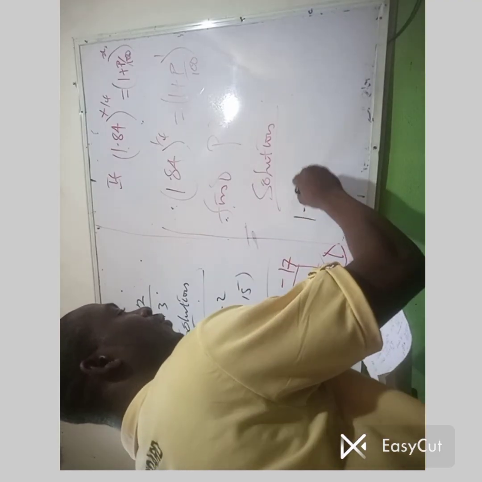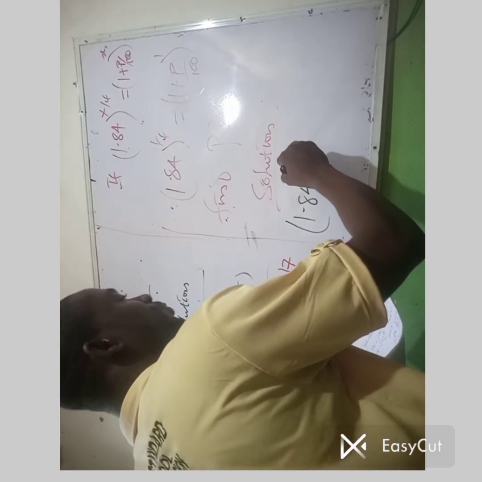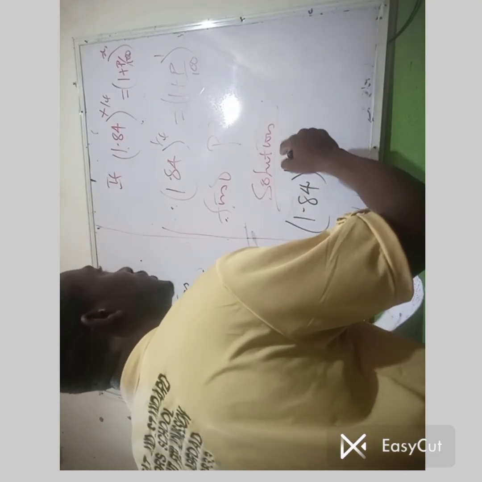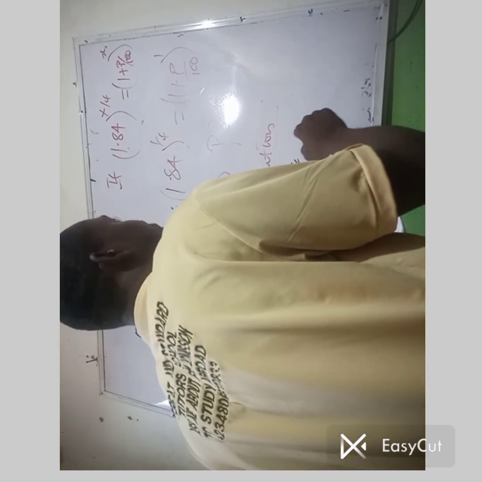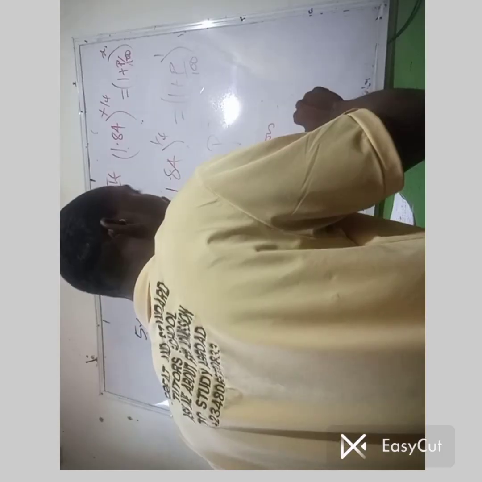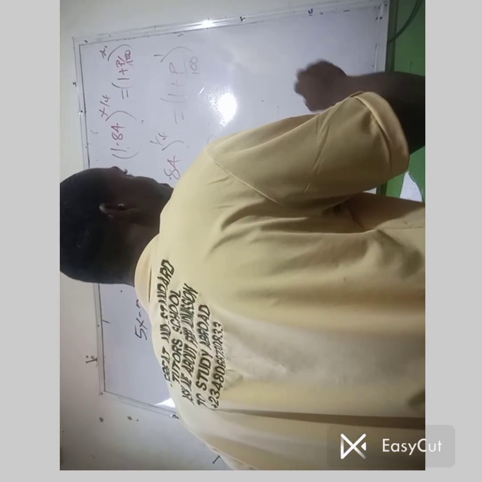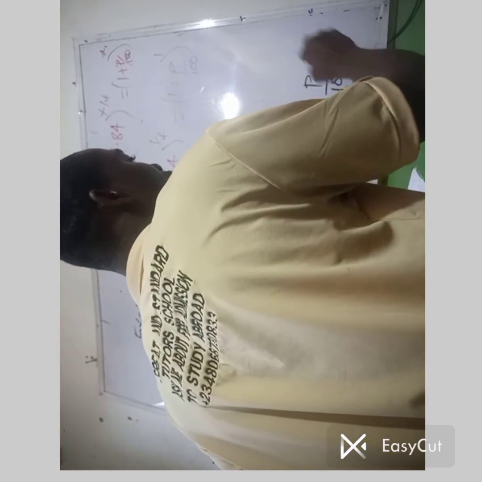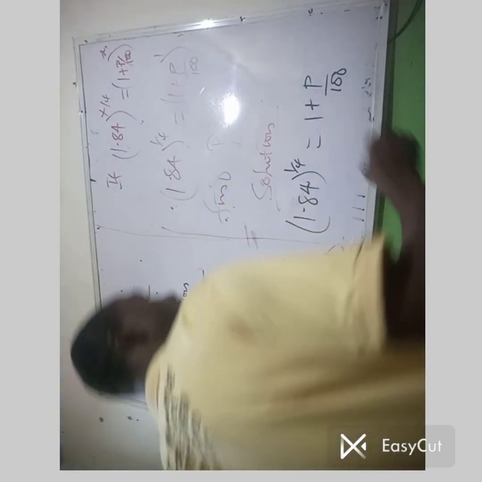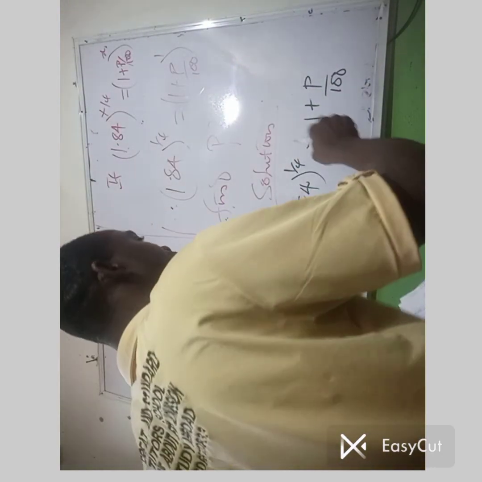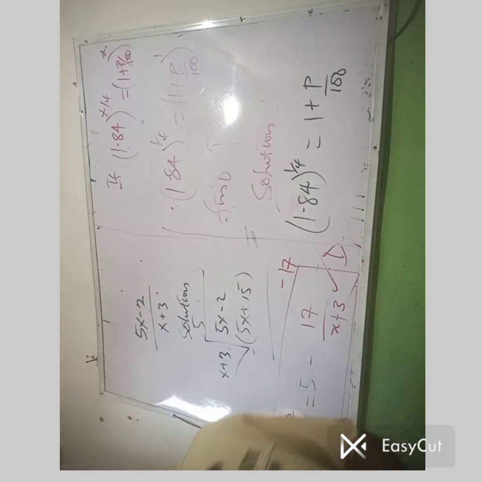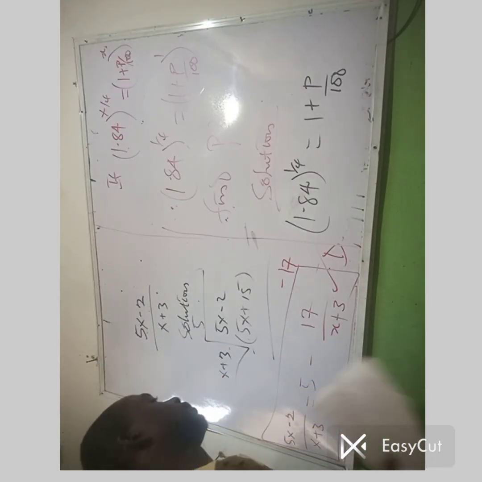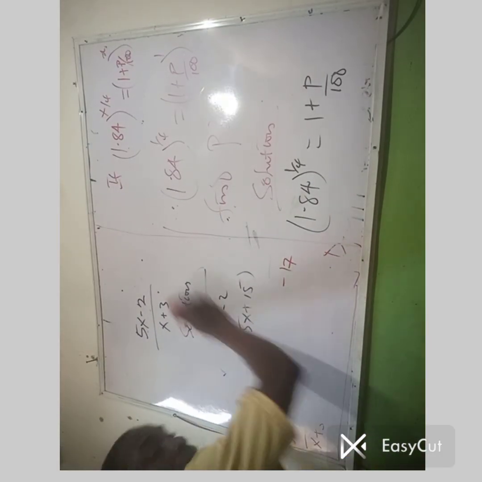That's 1.84 raised to power 1 over 4, or 0.25, is equal to 1 plus p over 100, since anything raised to power 1 is still that thing. So I can multiply through now by 100.